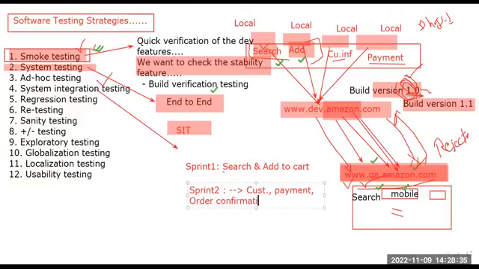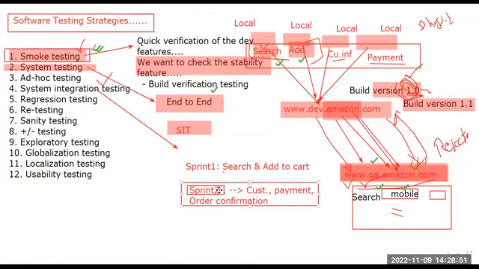In sprint two, again we will perform smoke, end-to-end and system testing for all these three functionalities.